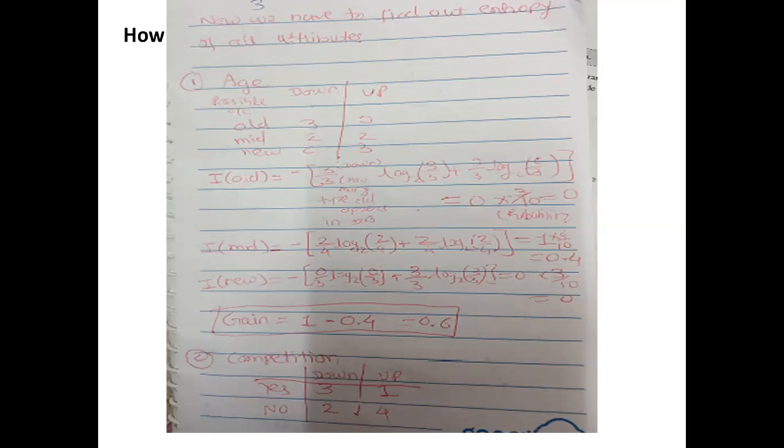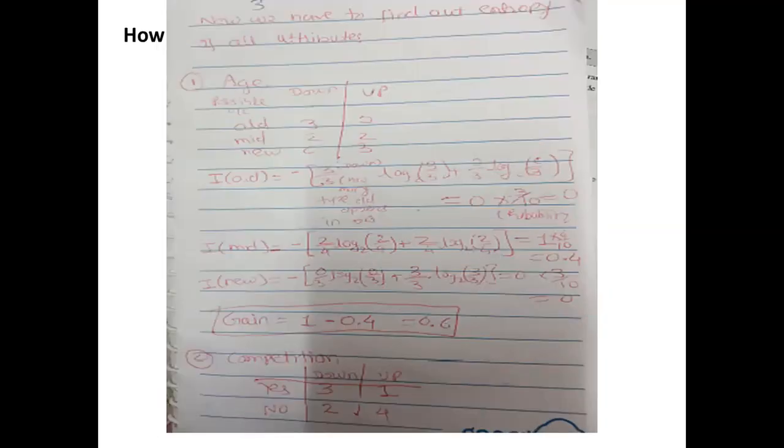We have to find the same for the mid attribute. The mid attribute is equal to minus, here for down it appears 2 divided by 4, because mid appears 4 times in the database. Log to 2 by 4 plus the same for up, where the value is 2 in the table: 2 by 4 log to 2 by 4.